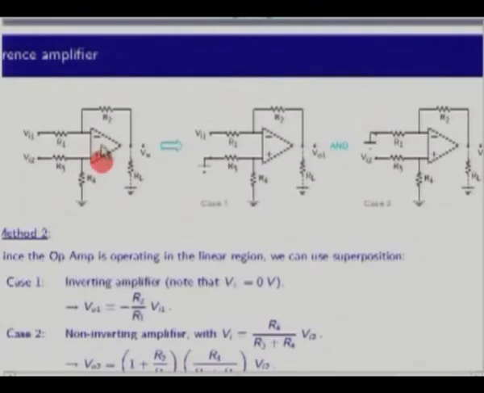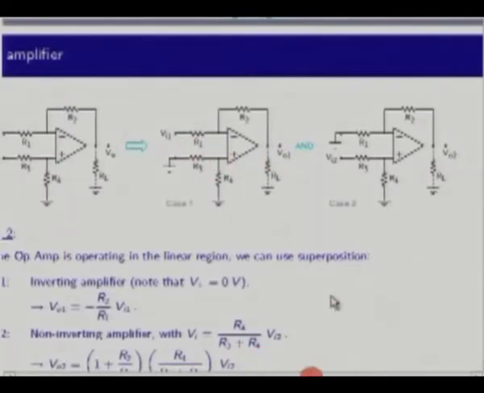Now this circuit actually, since the op-amp is in the linear region, we are free to use superposition. And what does it mean? It means I can make this Vi2 equal to 0, apply Vi1, calculate Vo1. Then I can make Vi1 equal to 0, apply Vi2 and calculate Vo2. And finally my output Vo is given by Vo1 plus Vo2.